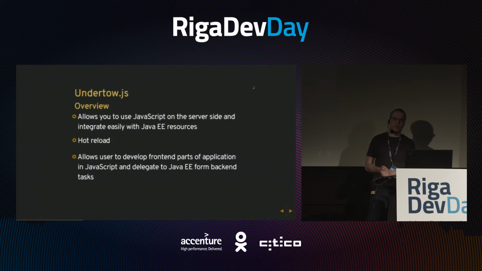You can do it interactively because of the hot reload feature that I will describe in a few seconds. From the configuration point of view, you just add a JavaScript script file to your war, tell the war where it is located, and during the deployment, you also can tell where it is located.